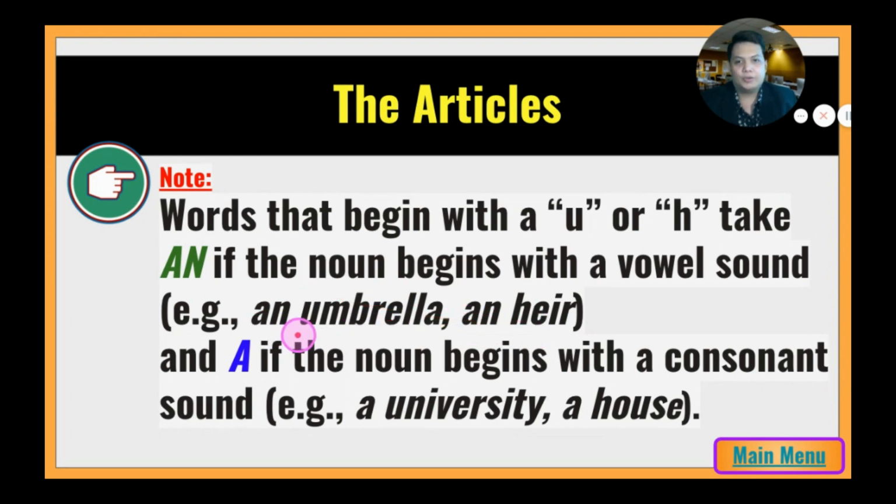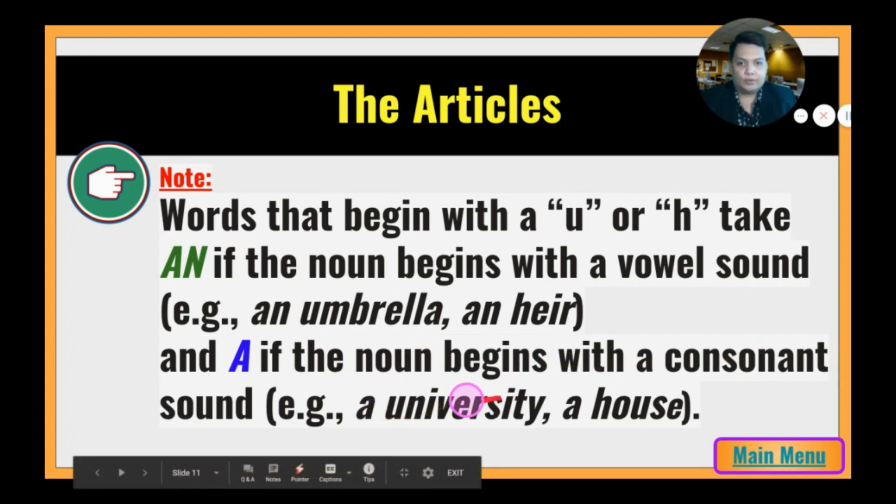So an umbrella, still an. And a, if the noun begins with a consonant sound, like university, a university. Although this starts with U, the sound is Y, so it takes a, not an. And a house, still it takes a.